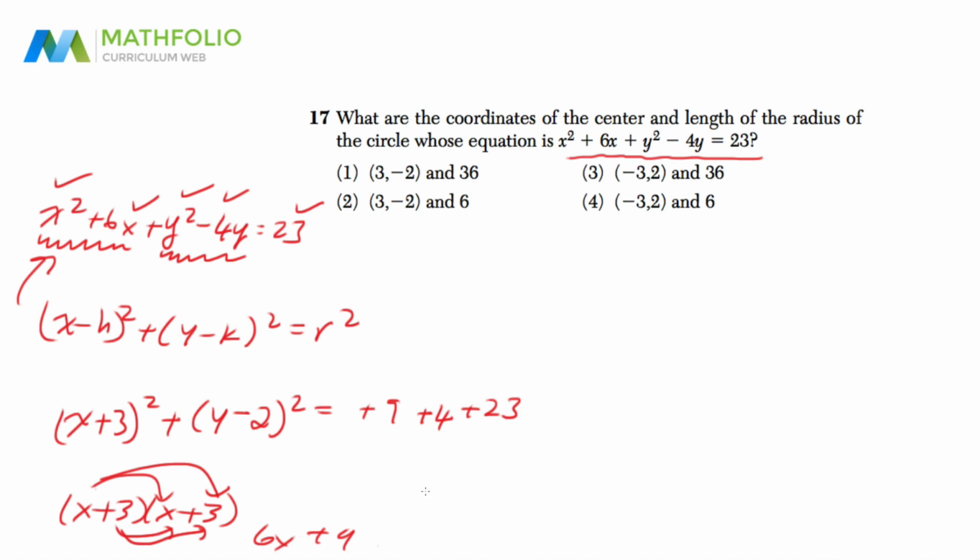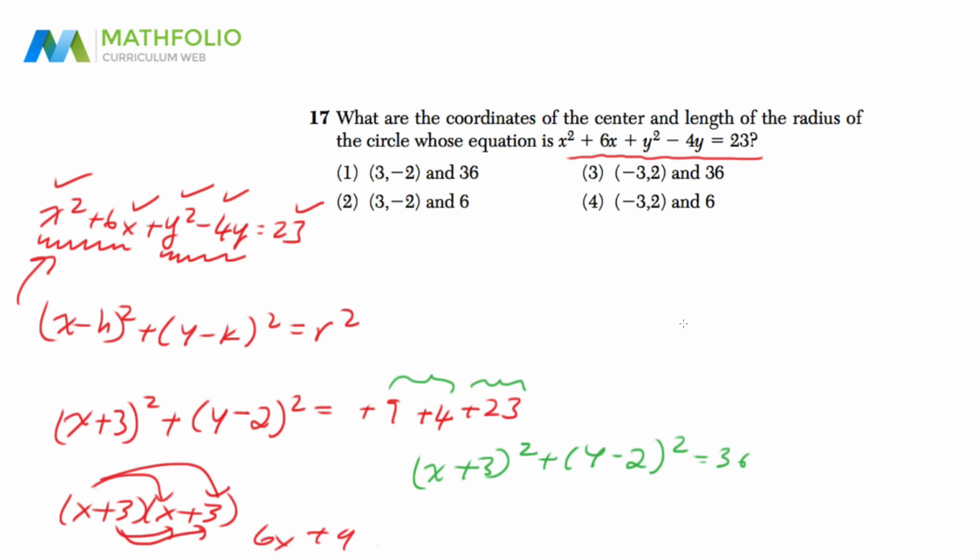By simplifying it, we end up with (x plus 3) all squared plus (y minus 2) all squared equals, now the sum of these, 9 plus 4 plus 23, is going to equal 36.